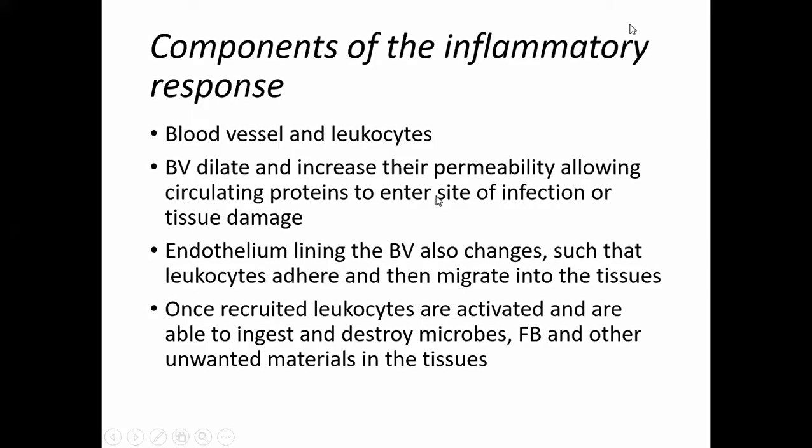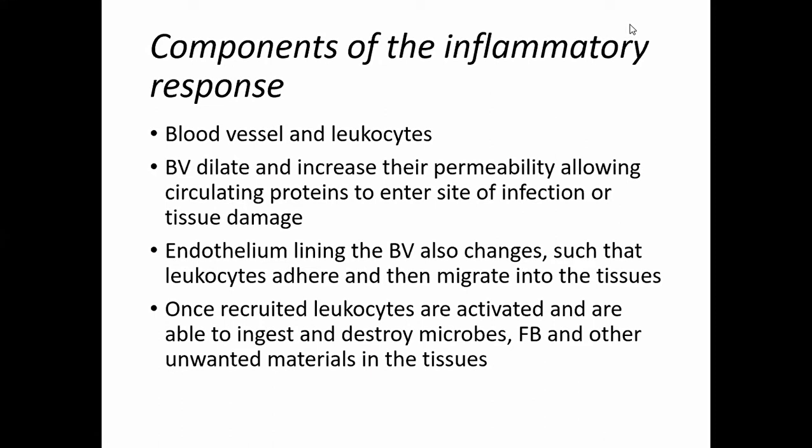Okay. So the major participants in the inflammatory reaction include the blood vessels and the leukocytes. And then the blood vessels respond to inflammatory stimuli by dilating and increasing the permeability, allowing the circulating proteins to enter the site of infection or tissue damage.